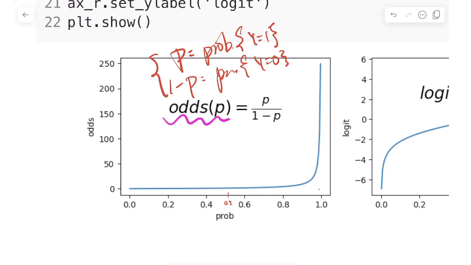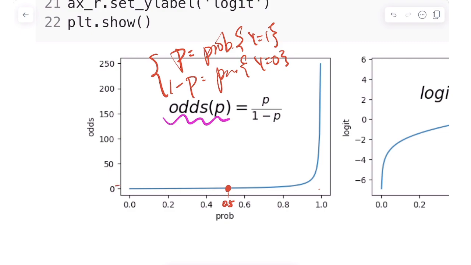If we plot the odds against probability on the left-hand side, you can see that when the odds value equals 1, that is this point, the probability is 0.5.